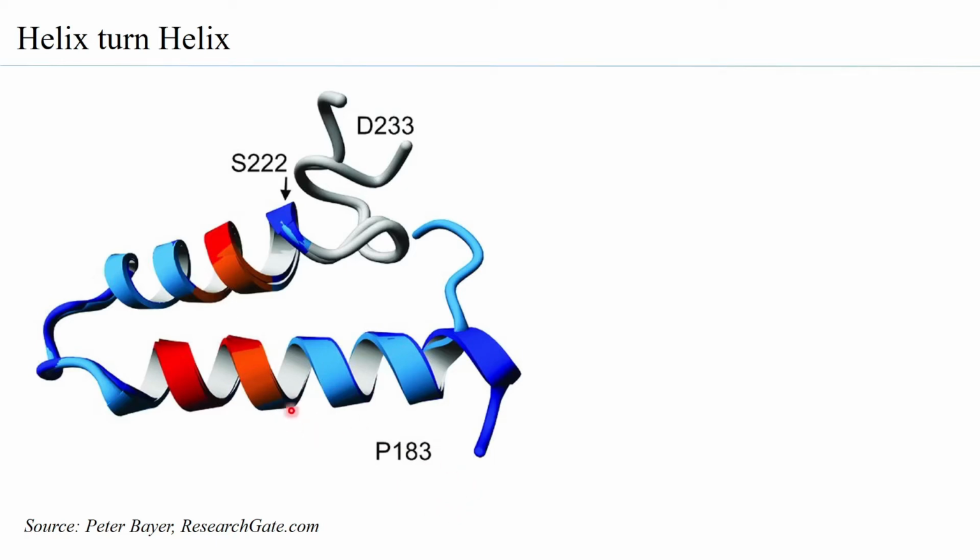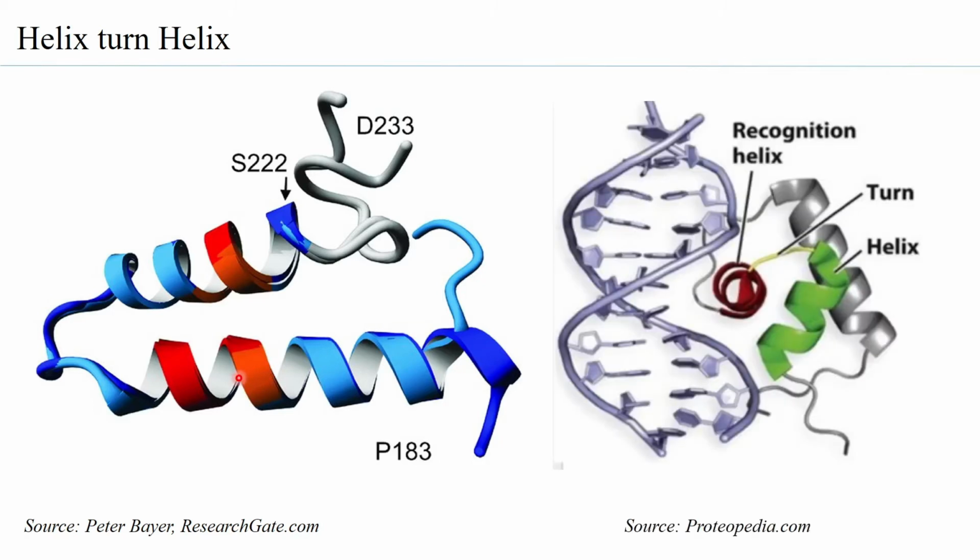So one of the helices is the one that actually interacts with specific DNA sequences or specific base pairs in the DNA. And the other helix is a kind of support because it binds to the sugar phosphate backbone and holds on to the DNA, while the other helix is the one making the specific interaction with the DNA.